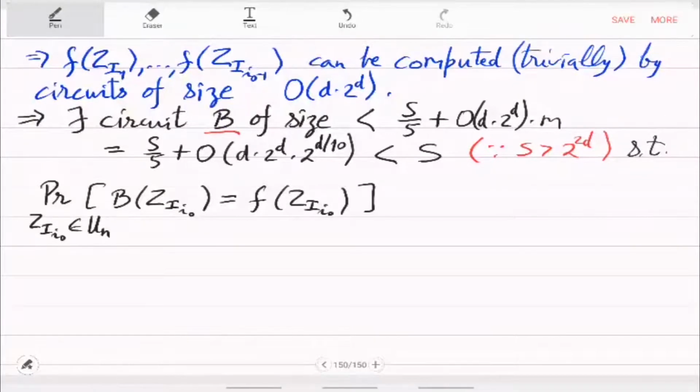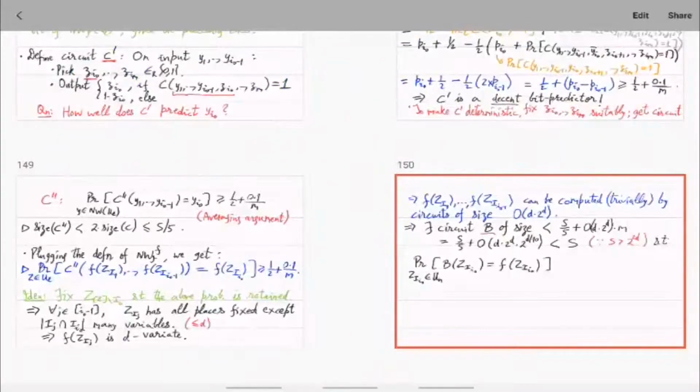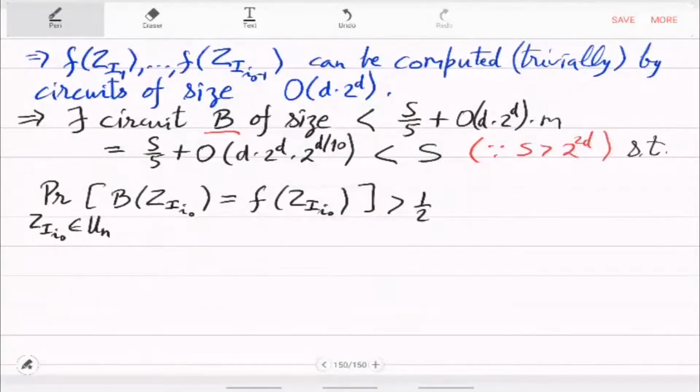So, on this domain of UN, B evaluates f with advantage 0.1 by m, which is more than half plus 1 by s, right, because s is greater than m.